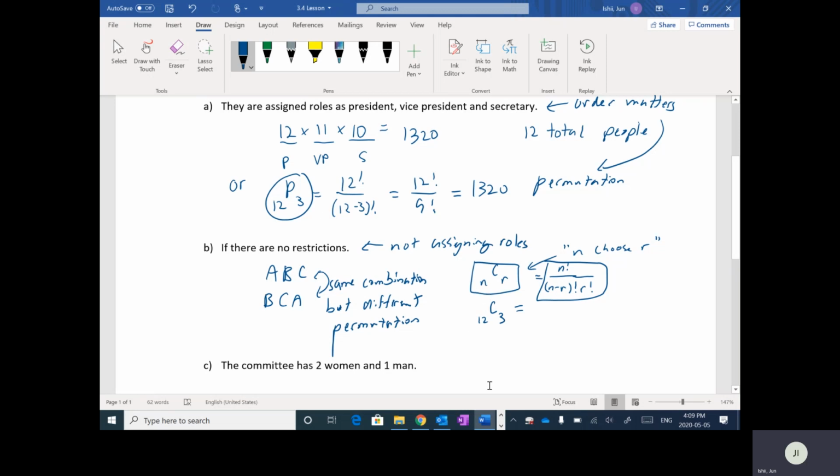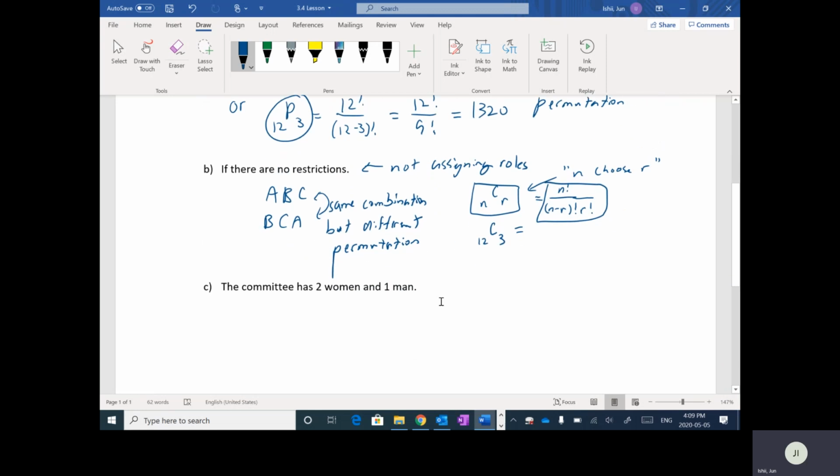All right, so here, 12 choose 3 is going to be equal to 12 factorial over 12 minus 3 factorial divided by 3 factorial. Okay, so that's 12 factorial.